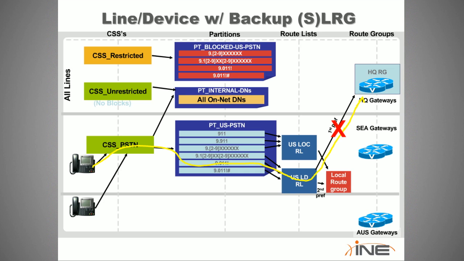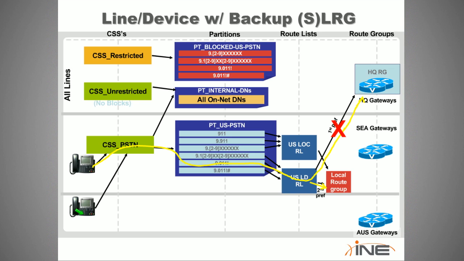But then, maybe the WAN's down. So if the WAN's down, then we're going to choose our second option, which will route to standard local route group. And then we still have site-specific local failover for each of the 1,000 sites. For all the 1,000 sites, long distance and international always route across the WAN up to headquarters.